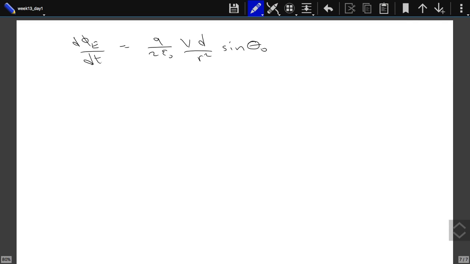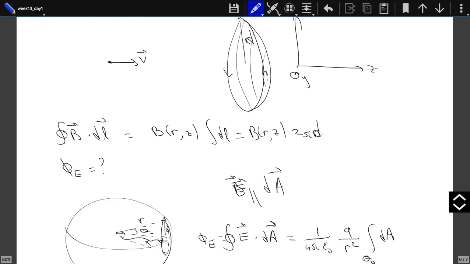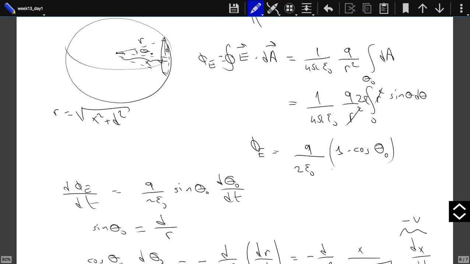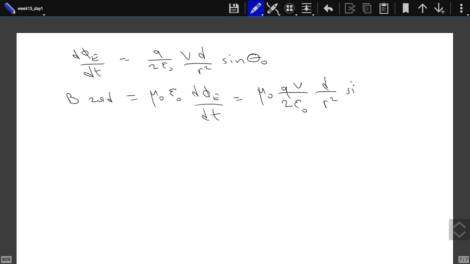Okay, now let's combine everything we have. On one hand, we had calculated that the integral of B dot dl is B times 2 pi d. On the other hand, we know that this is equal to mu 0 epsilon 0 d phi E by dt, which is equal to mu 0 q V over 2 epsilon 0 times d over r squared sine theta 0.